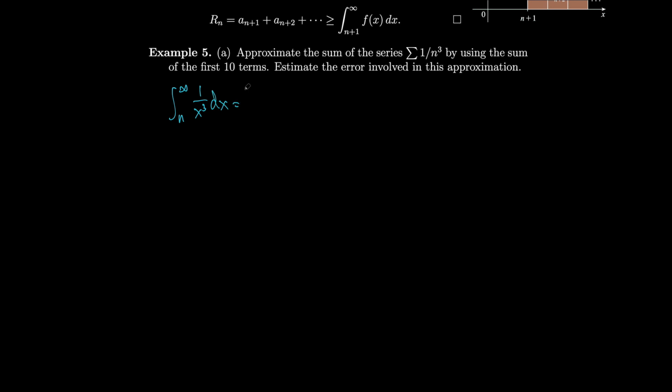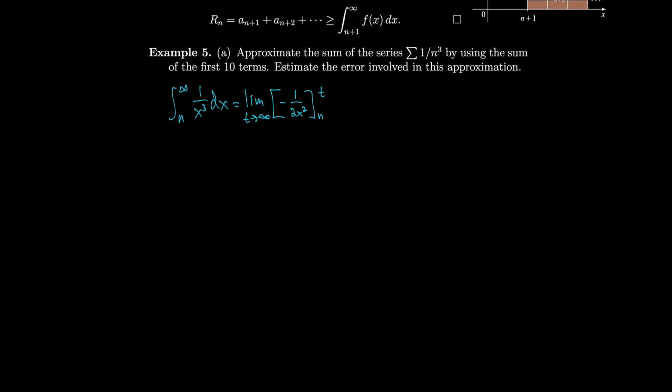So that's the limit of the integral of 1 over x cubed, so taking the antiderivative, we just get minus 1 over 2x squared, and we evaluate that from n to t.